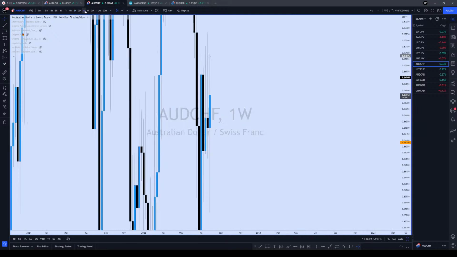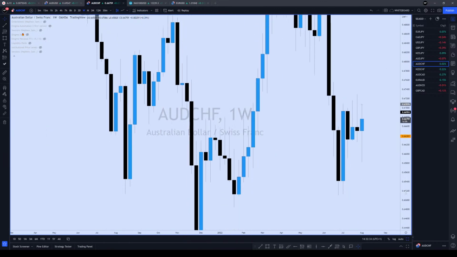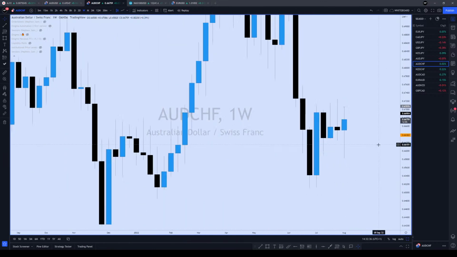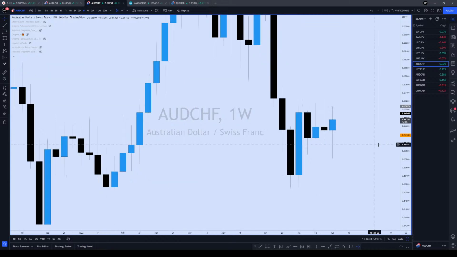So what would be the high time frame level? Always think high time frame, because that's where the money will be. So we have this taking out this high, that's a weekly high.